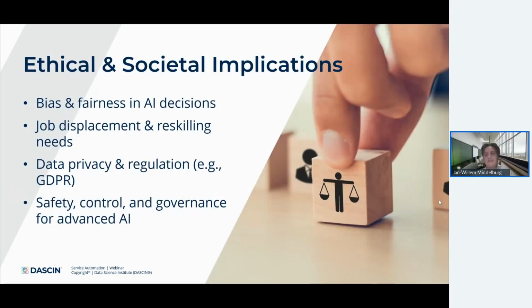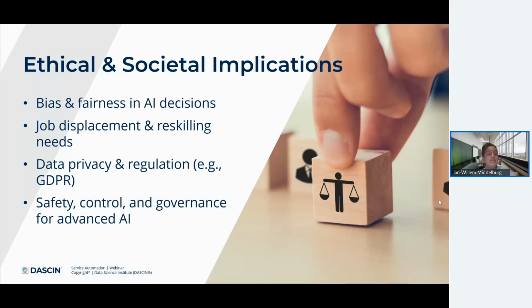Last key takeaway, which I always like to mention whenever I'm giving any talk about agentic automation or anything related to AI, is that you do need to take into account ethical and societal implications. Specifically, the models that you're using, the technology that is driving those AI models, need to be validated and vetted for bias and fairness.